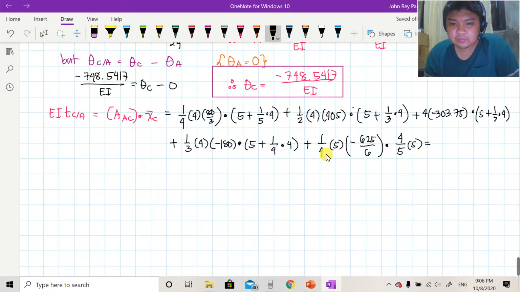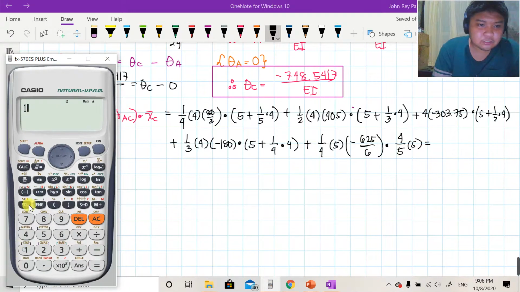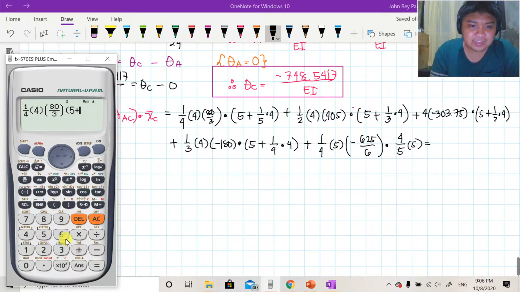So if we compute for the value of this one, unahin ko muna yung unang dalawa kasi for sure hindi ito kasya, class, sa isang calculator lang. So itong mangyayari, so that will be 5 plus 1/5 times 4. Next tayo, plus 1/2 ng 4, 405. Tapos 5 plus 1/3 ng 4.